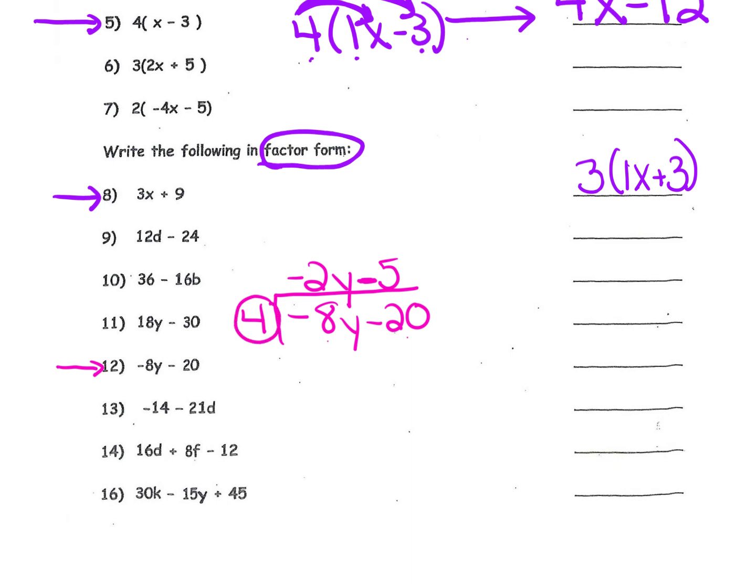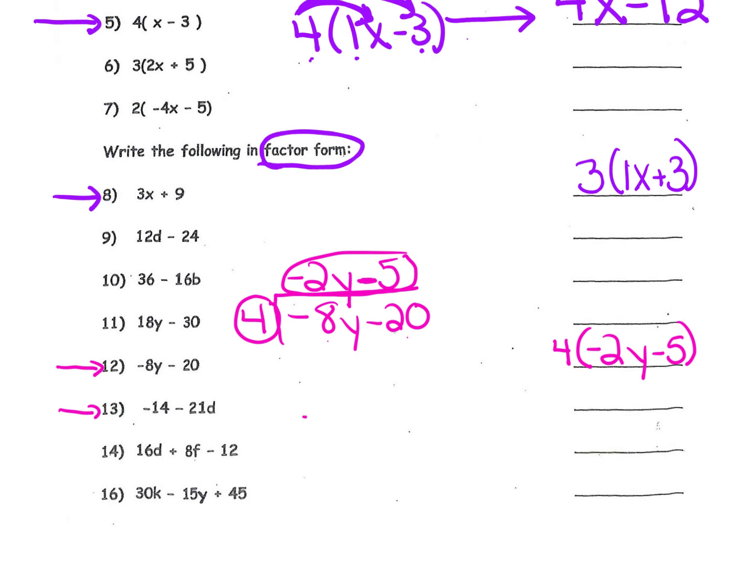My first factor is 4, and my second factor is negative 2y minus 5. So we write this on the line, 4 times the quantity, negative 2y minus 5. This is factor form.